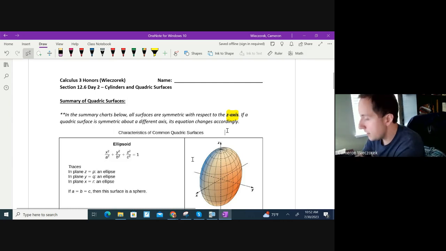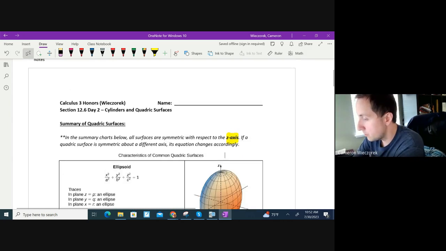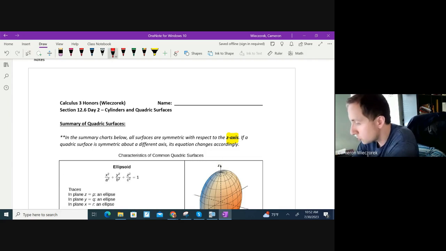To summarize without repeating everything from last time, we had two main breakdowns of these quadric surfaces. We had cases where x squared, y squared, and z squared all showed up in the equation, so all of the variables were quadratic.